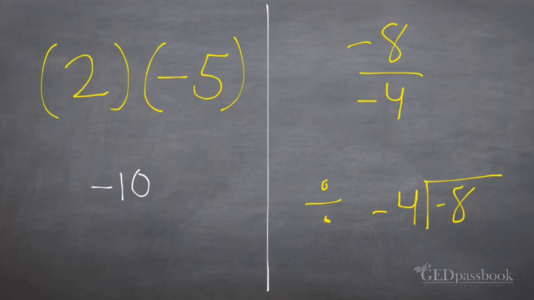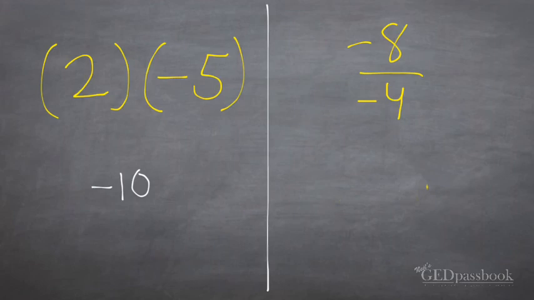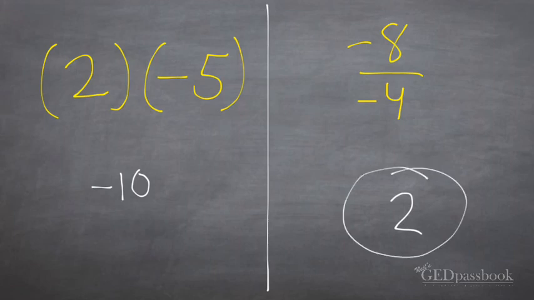Yes, fractions. Fractions, all it was pretty much division in a sense. But this is how it's going to be presented. Negative 8 divided by negative 4. So tell me, what's 8 divided by 4? 2. A negative divided by or multiplied by a negative is what? Positive, which means it's just positive 2.